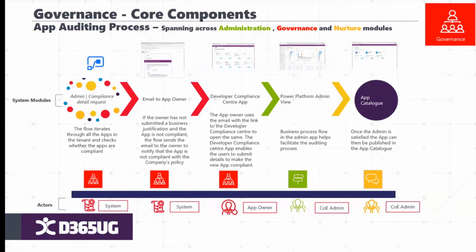Once that is done, there is a model-driven app for the back office for the COE administrators to look at the justification provided. And once they are satisfied with the data provided by the app owners, they can choose to publish the app in the app catalog. Then it becomes available in the app catalog for everyone in the organization to see.